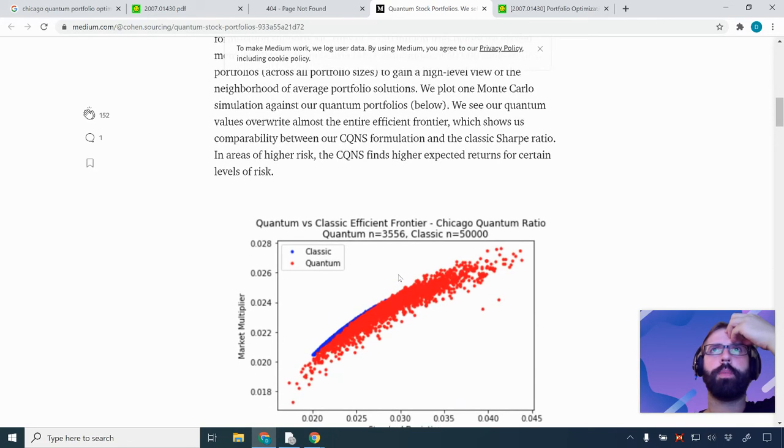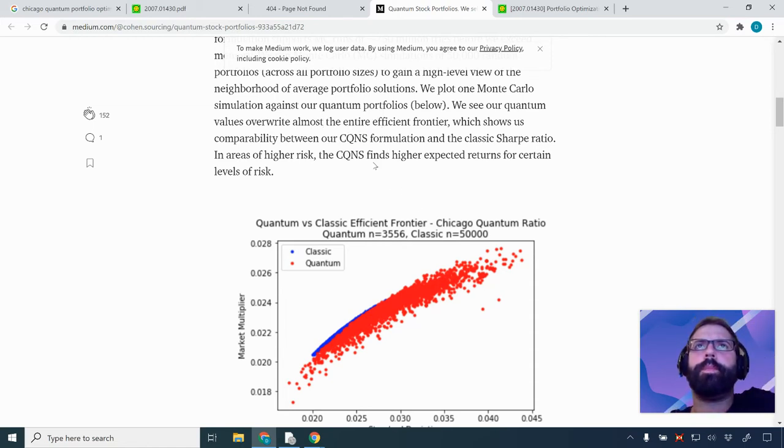So we see our quantum values override almost the entire efficient frontier, which shows us comparability between our CQNS formulation and the classic Sharpe ratio. Okay, so we want to understand what the CQNS is, right?